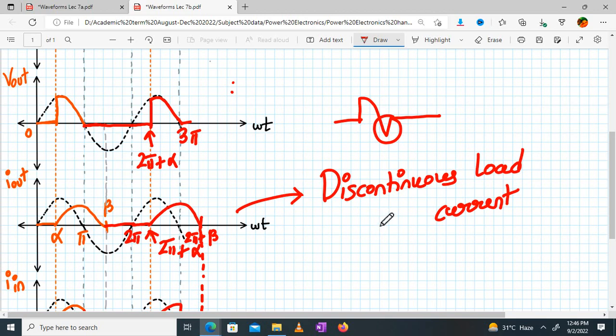It is discontinuous because I out was going to 0. Similarly, we have continuous load current operation, which we will discuss next time. Understood the job of a freewheeling diode?